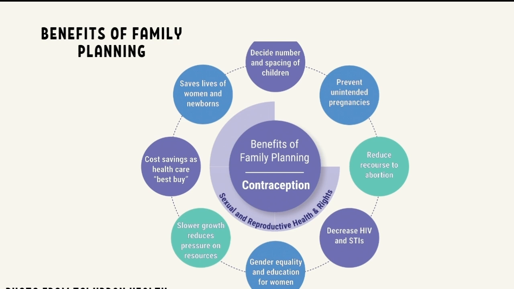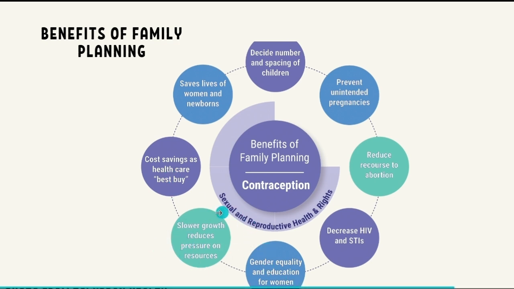And getting an abortion can have risks to it. Family planning also decreases HIV and STIs, and supports gender equality and education for women, so the person is not having children back to back when they can't take care of them, and they actually get to go to school and get their other life goals out of the way. This one is for females specifically.